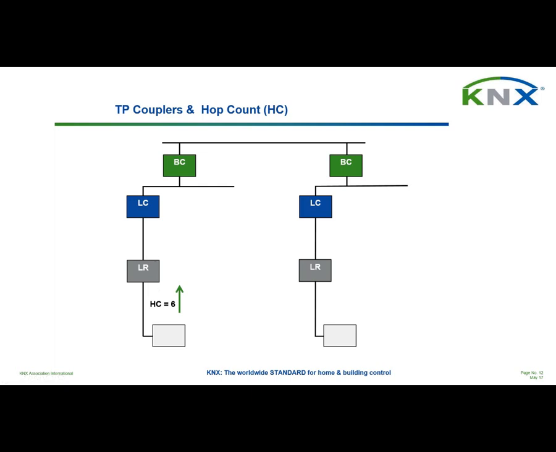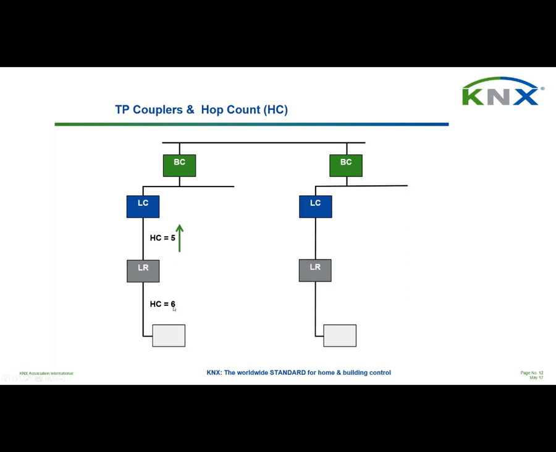No filter table is used here because it's a line repeater. It's not supposed to check any group addresses whatsoever. There's a filter table on board, but it's not applied. So it will just copy it without checking the group address. What it will do, however, is decrement the hop count.